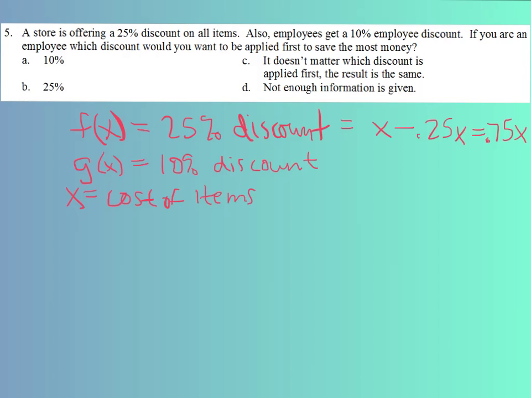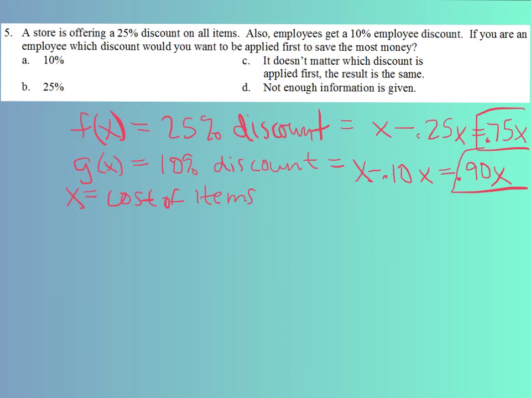Okay, now the 10% is really going to be x minus 0.10x, which equals 0.90x, or just 0.9x. So these are my two functions here that we just found, f of x and g of x.